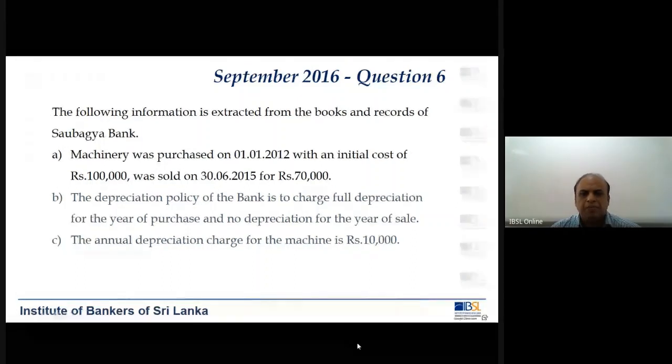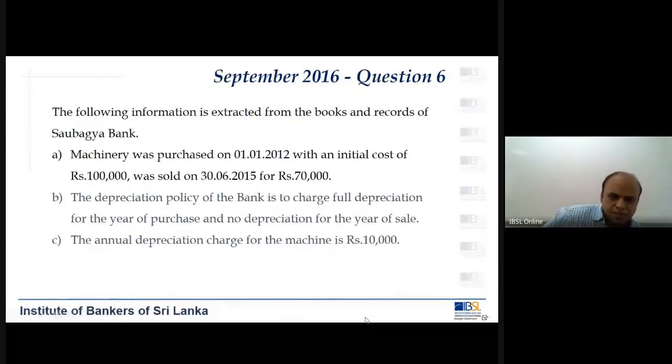So this is the question. The following information is extracted from the books and records of Saubhagya Bank.